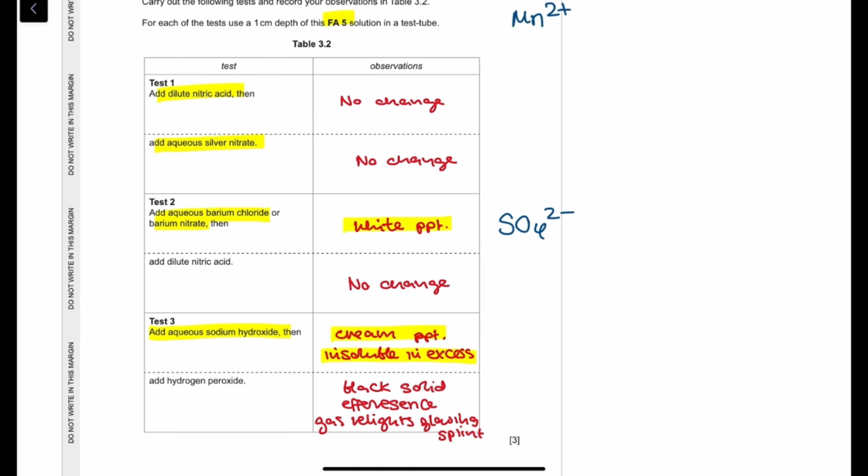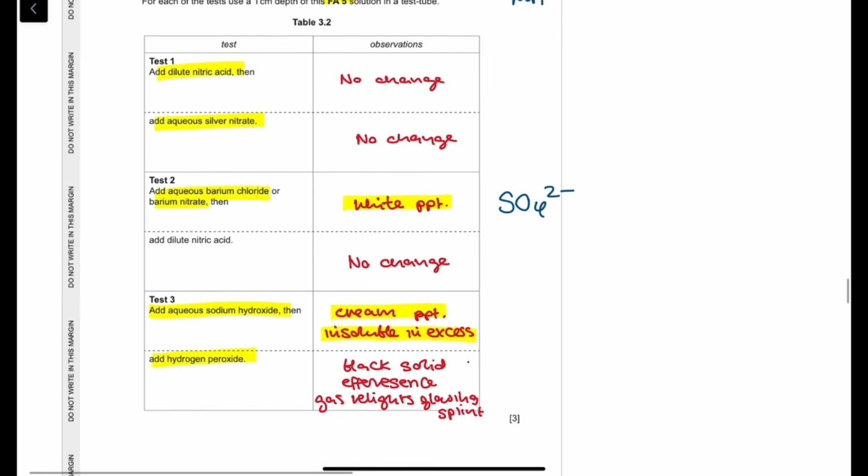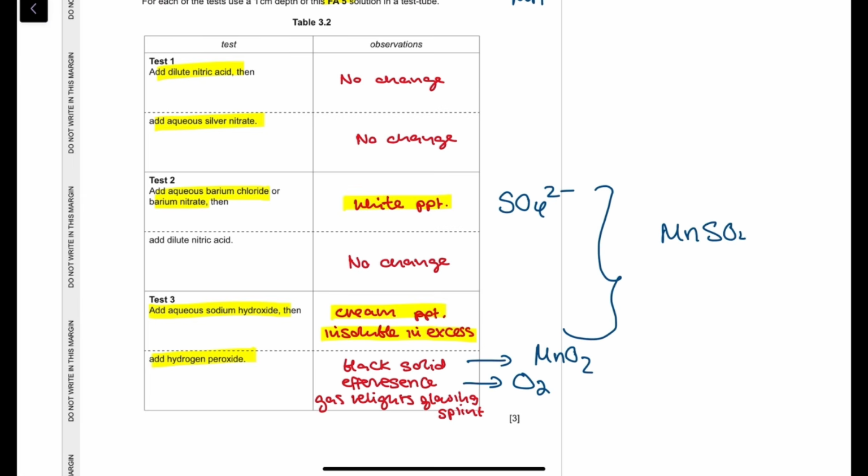Now, it also gives us additional information as to the reaction that takes place with hydrogen peroxide, and that is a black solid, most likely manganese dioxide, and effervescence due to the formation of O2, which relights the glowing splint. That is because a redox reaction occurs when manganese 2+ ions react with hydrogen peroxide, but really we only need these two to realize that we have manganese sulfate.